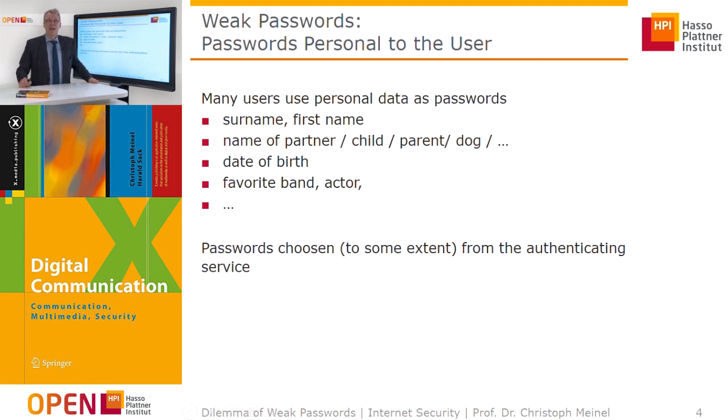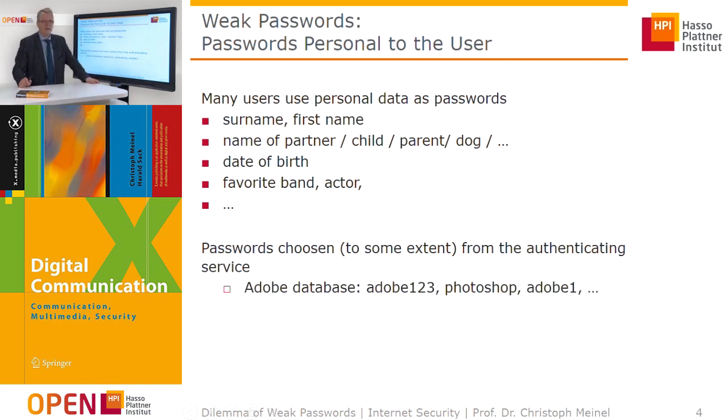as password. So passwords chosen, at least to some extent, from the authentication service, that is another approach to remember the password. So we're speaking about human factor. Many people, for example, when they use Adobe, use a password which reminds them of Adobe. For example, Adobe 123, or Photoshop, or Adobe One.